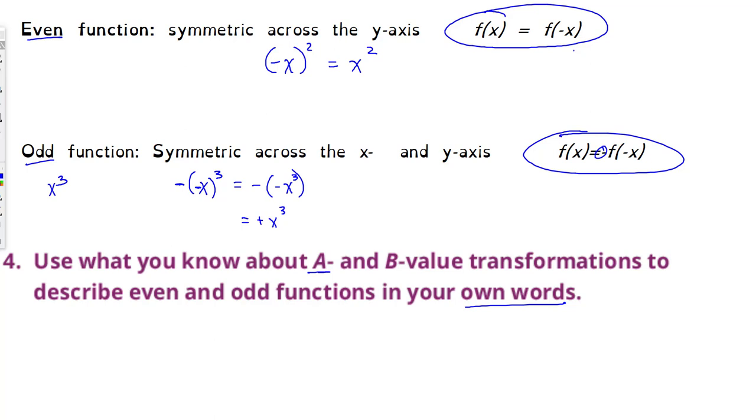They come out looking like the parent function if it's an odd. And so the way I put it is the odds are identical to their reflections across the x and y axis. And even is the same if you reflect it across the y-axis.